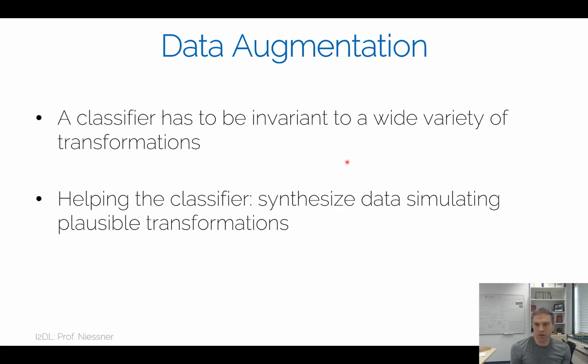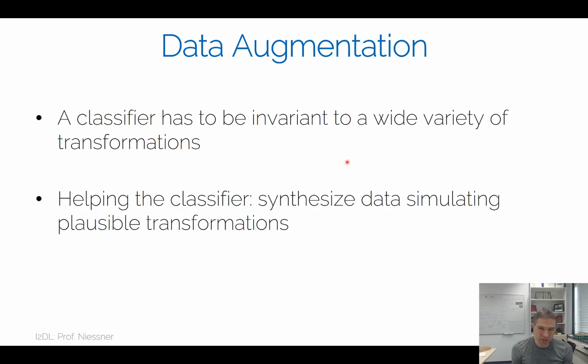Right? So we want to make sure that all these invariances we want to learn from our data distributions, we would like to synthesize these transformations such that the network gets it, even though we don't have the necessary training data for it, right? So obviously, it's not going to be covering all kinds of transformations. Some of them are a bit easier to do than others.